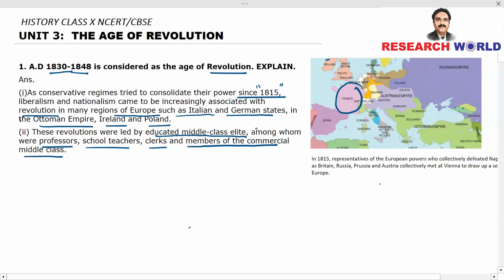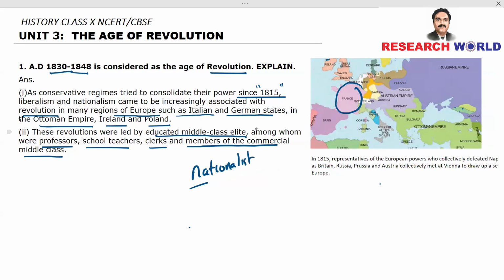And that resulted in people who liked liberty and nationalism, those who were liberal and had a nationalistic outlook, finding it difficult to live in this neoconservative environment. So what happened?